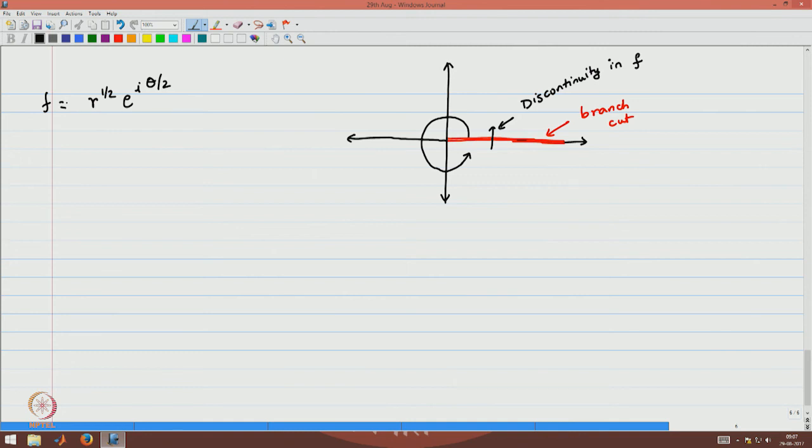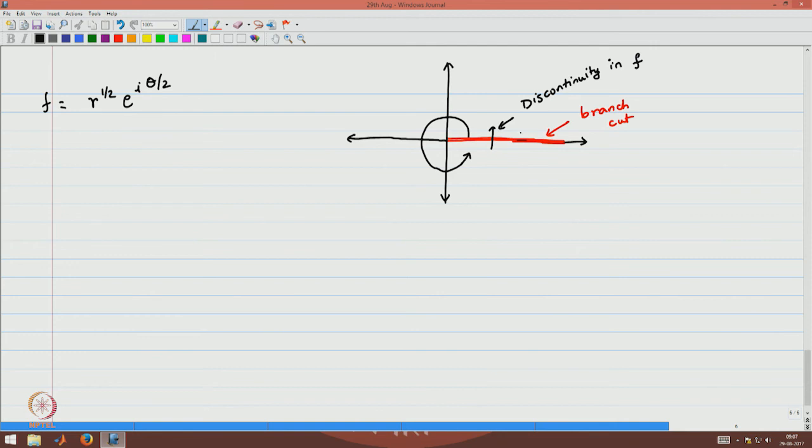So what it means is that if I look at the value of the function just below this line and the value of the function just above this line, I will see that there is a jump in the function. Okay. So that is the meaning of this.